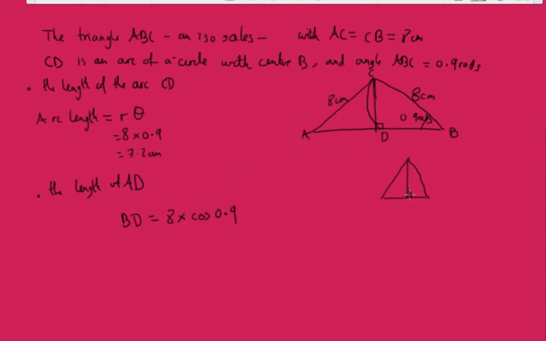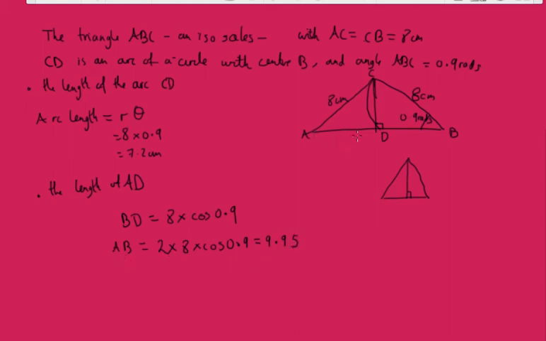But because these are equal, the whole of BA must equal 2 times BD. So 2 times 8 times the cosine of 0.9, which is 9.95.